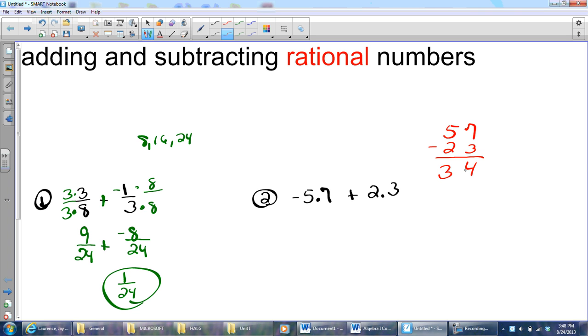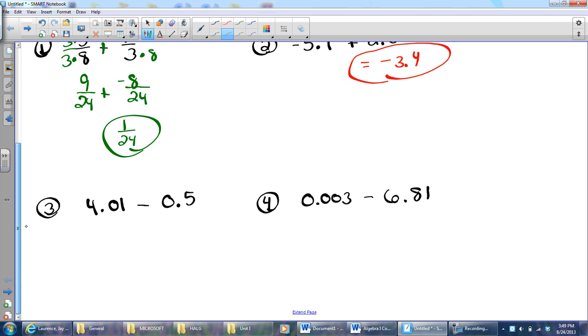And I know it's going to be a negative because the 57 is negative and the 23 is positive, right? And since I'm dealing with 5 and 7 tenths and 2 and 3 tenths, it won't be 34, it'll be negative 3 and 4 tenths. Yeah, that's pretty simple, isn't it? Now, of course, you could do it more traditionally, and like I said, I will do one more traditionally.